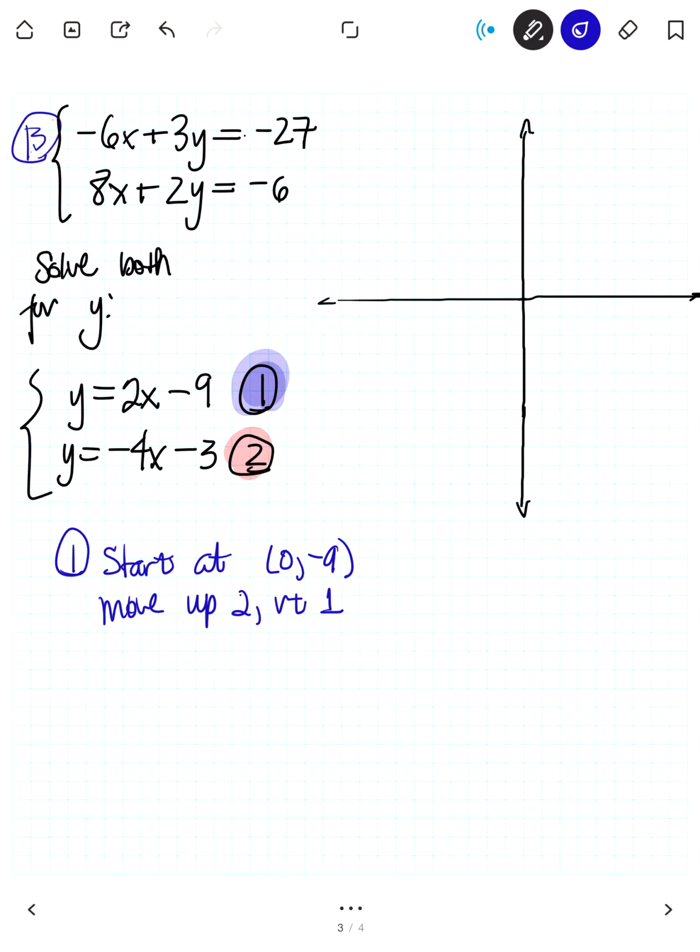Remember that a slope of 2 is the same as 2 over 1. Okay, so negative 1, 2, 3, 4, 5, 6, 7, 8, 9. And up 2, right 1.